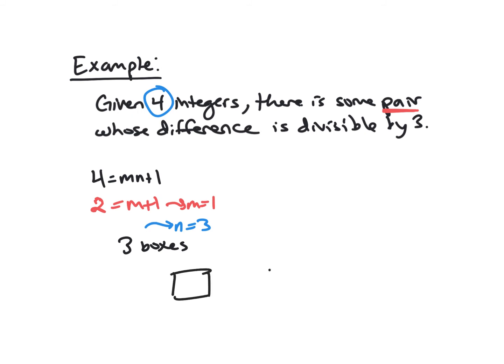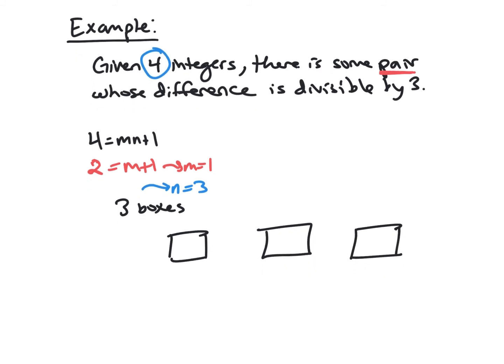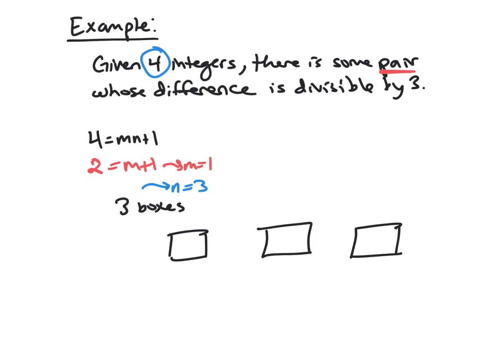So we're looking for 3 boxes to put these in. And the nice thing about this is that when you divide by 3, you have 3 options when you're thinking about remainder, or mod 3, right? So you're either 0 mod 3, 1 mod 3, or 2 mod 3. You have remainder 0, 1, or 2 if you divide by 3. So if I have 4 integers, then at least some pair has to be in the same box.